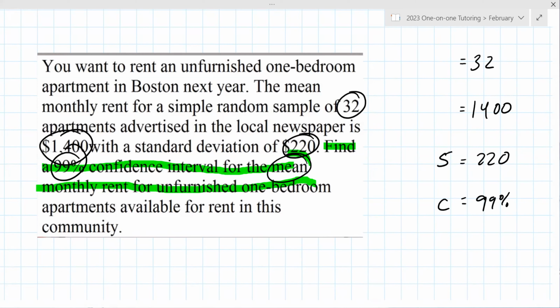Let's see. 32 is little n. And then 1400.